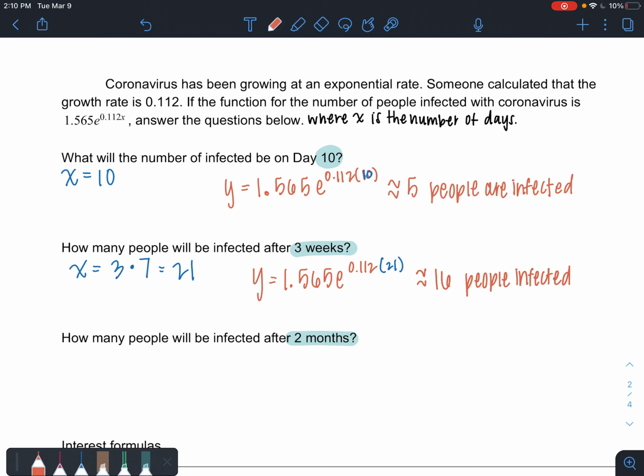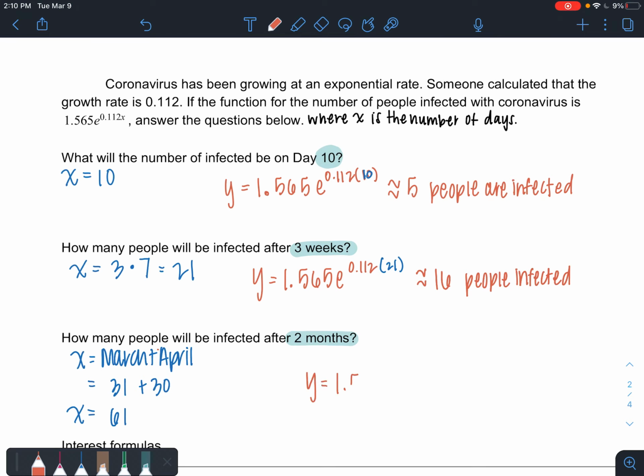All right, then let's look after 2 months. Let's just do 2 months together. So we'll say March plus April. March has 31 days, April has 30. So x equals March plus April, which is 31 plus 30, which is 61 days.